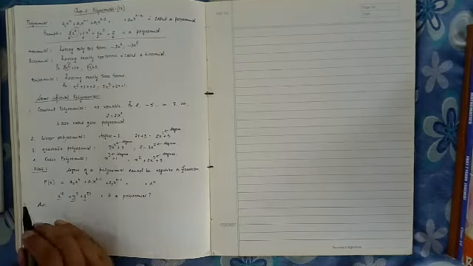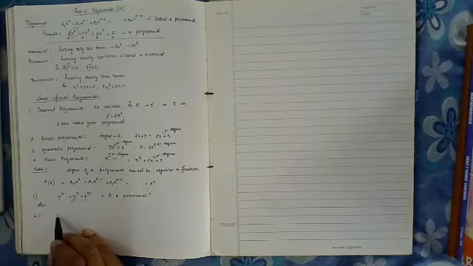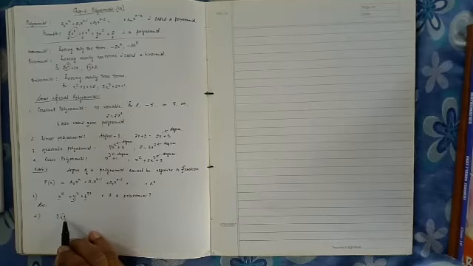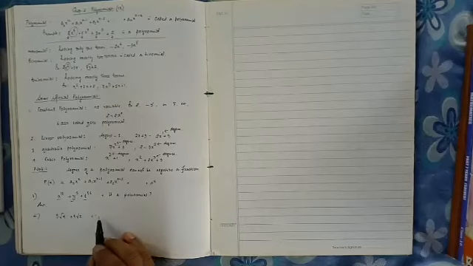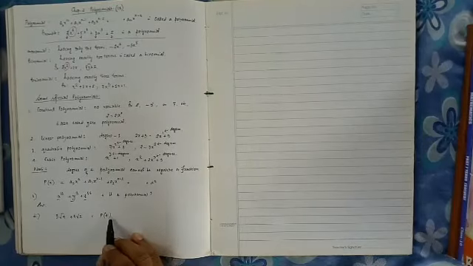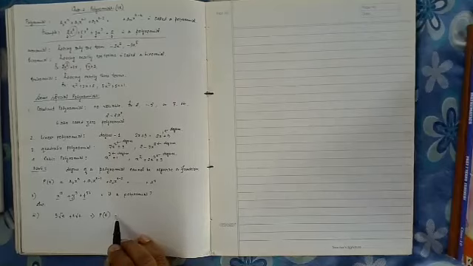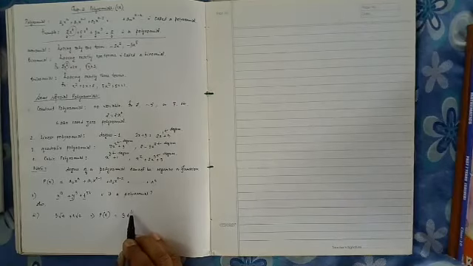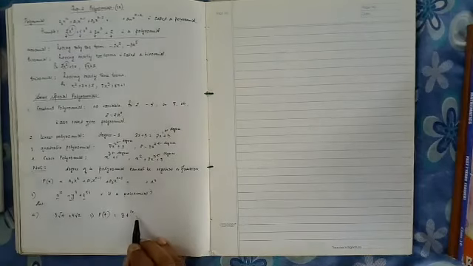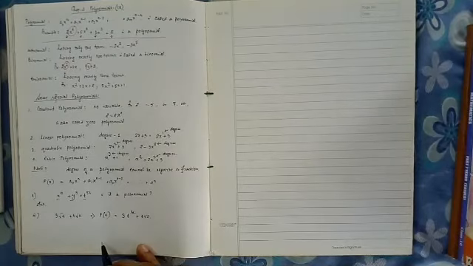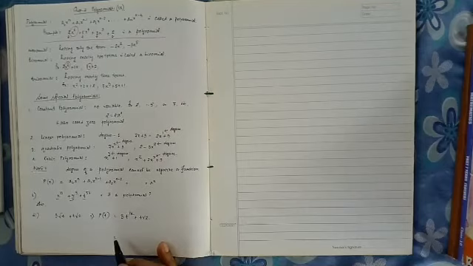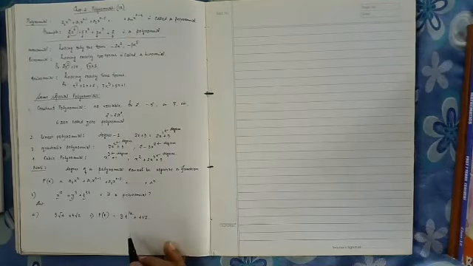Now suppose you are given another expression like 3 root t plus t root 2. We can write this as p of t is equal to 3 t to the power half plus t root 2. Now, is this a polynomial?